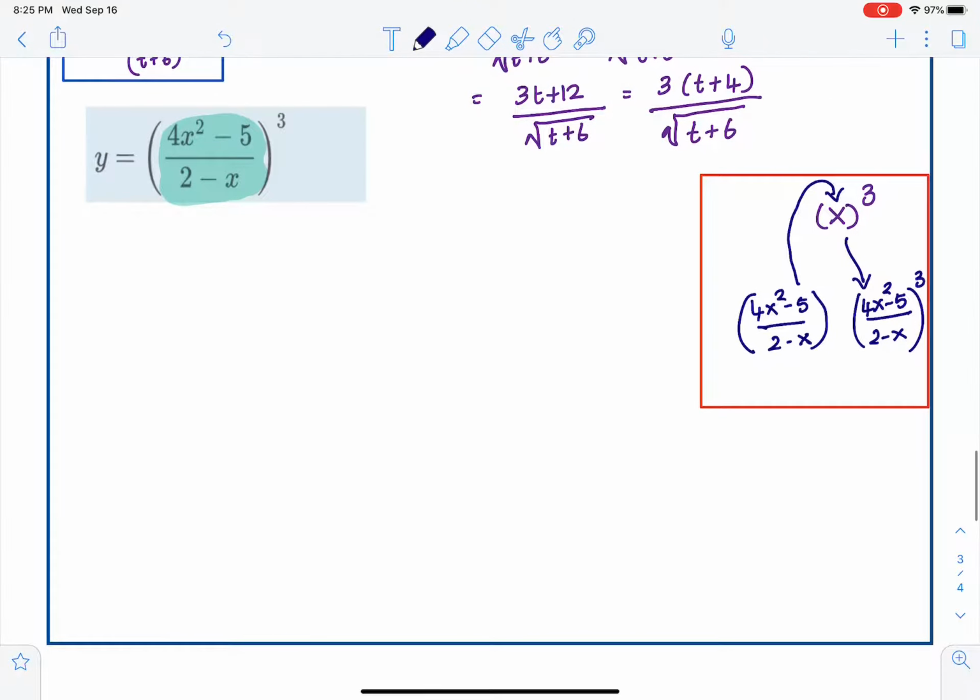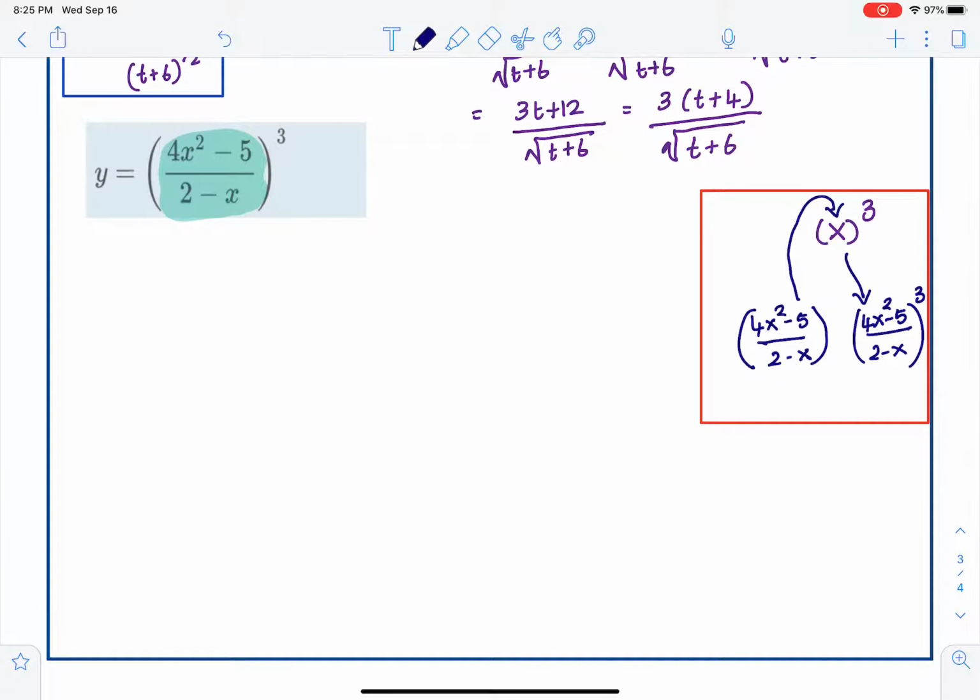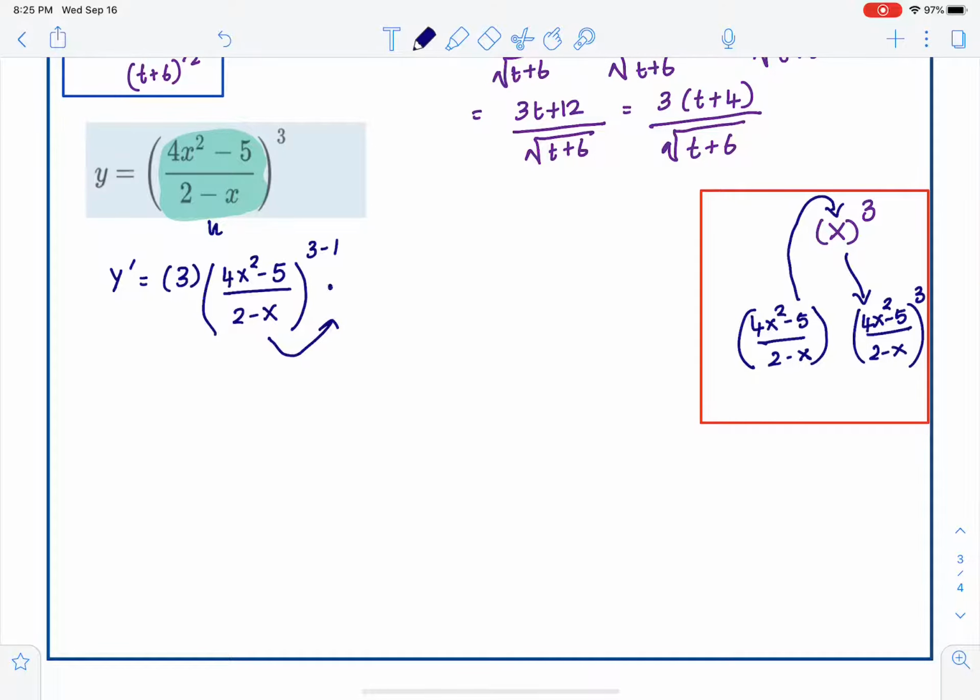So if the shaded part is just x, y prime would be 3, the shaded part, raised 3 minus 1. I'm going to call that shaded part u, so we have to multiply it by the derivative of the inside, which in this case is u prime.